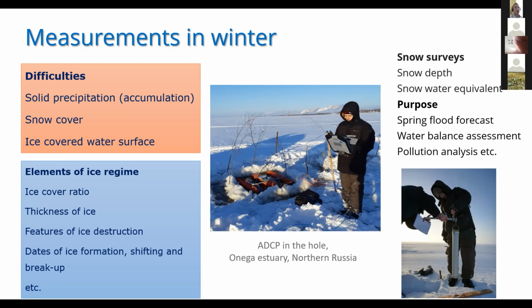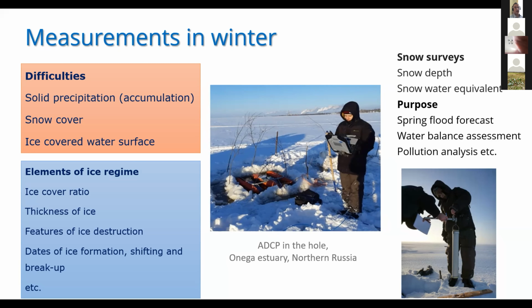These measurements are vital, essential for ice predictions, because in many regions in Russia, not very many roads are equipped with bridges, and many rivers are crossed by car only on ice cover, and it's necessary to know physical characteristics of the ice to provide transportation.